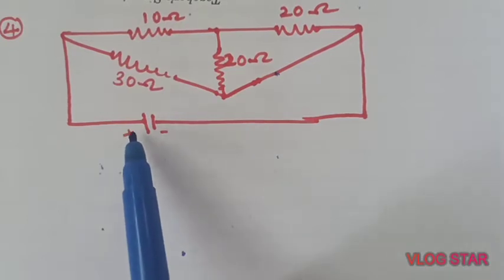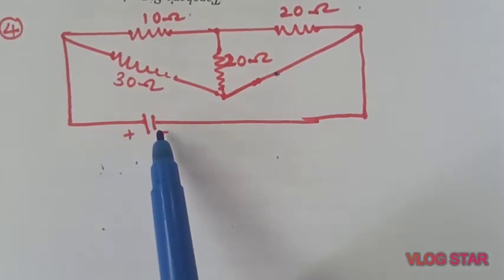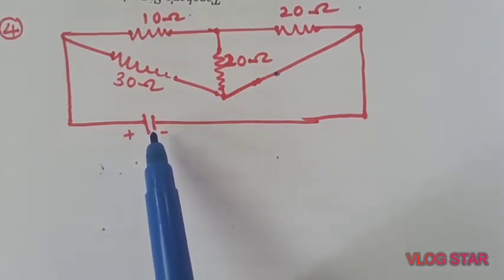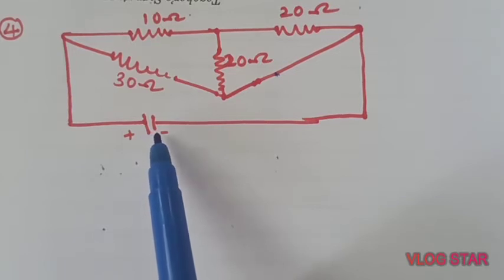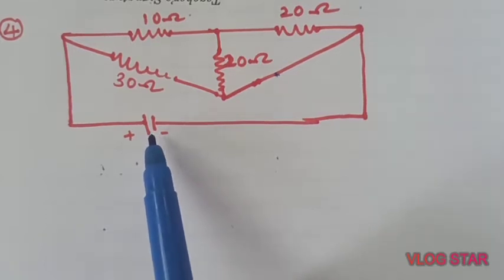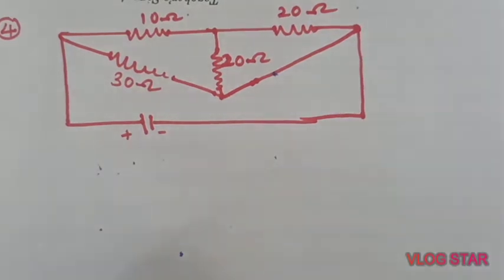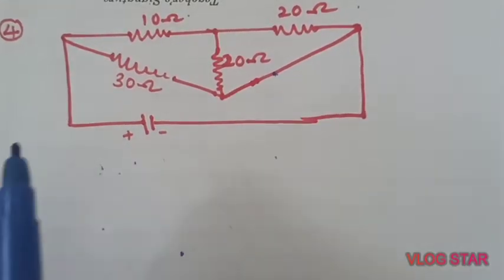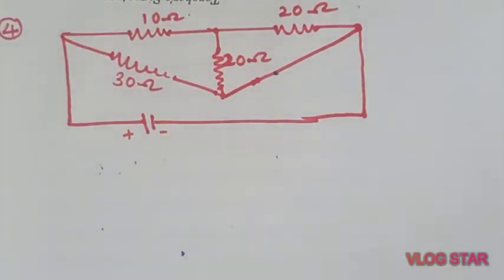So we will consider the positive end as point A and the negative end as point B, and we will find the total resistance from A to B. For that we are supposed to simplify this diagram because it is too complicated to understand which resistors are connected in parallel and which are in series.